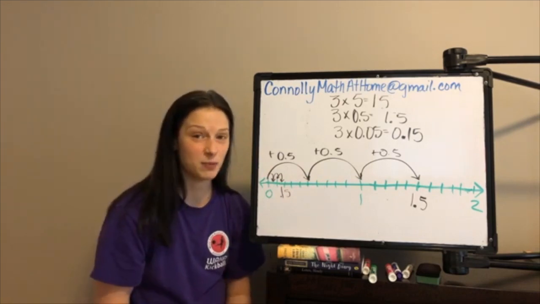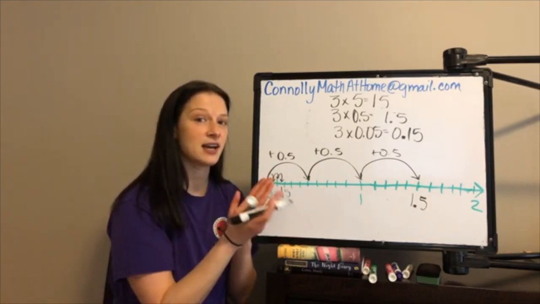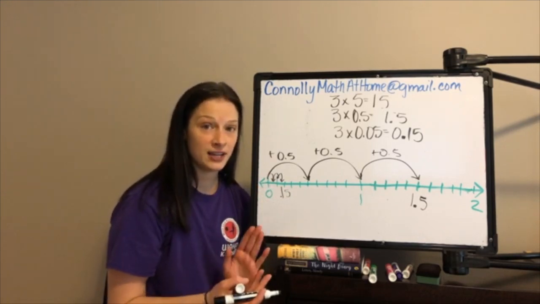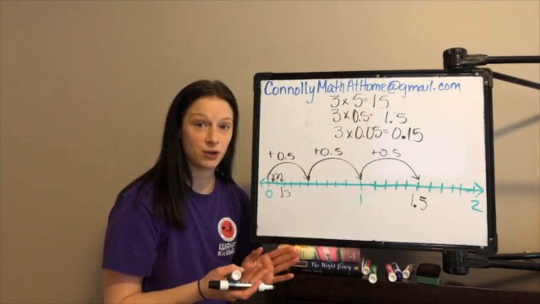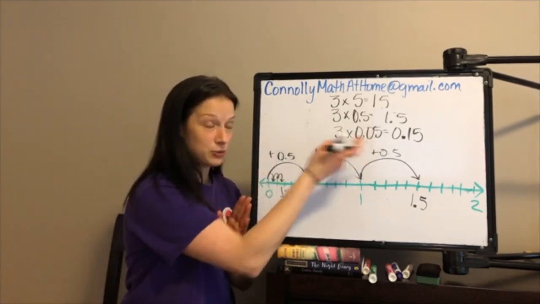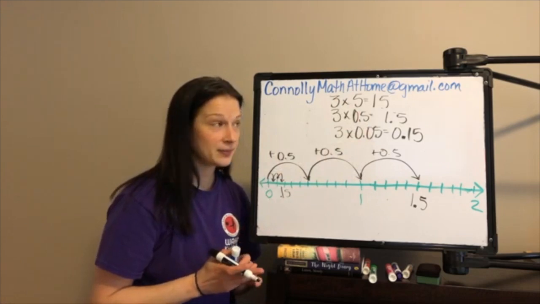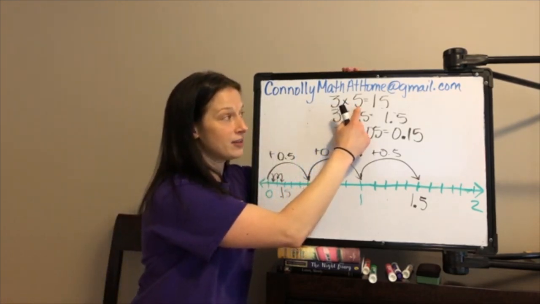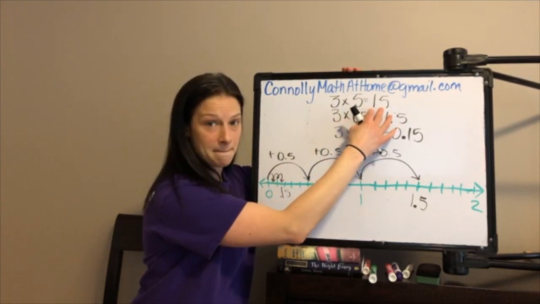Okay, so let's think about what happened as the size of our factor got 10 times smaller. Yesterday, if you're in my class, I made you watch the video about multiplying by powers of 10, and I want you to be thinking about how you see that here. When I was multiplying 3 times 5, I got 15.